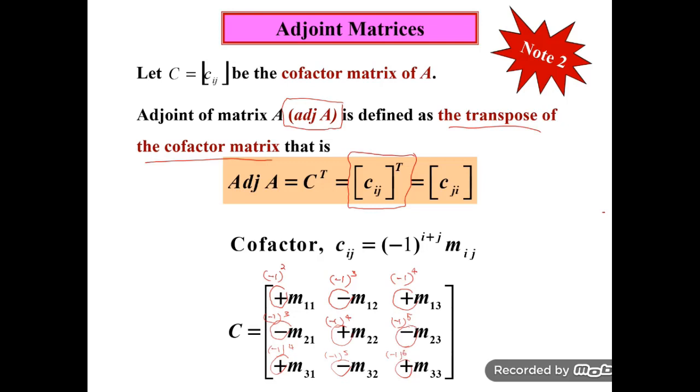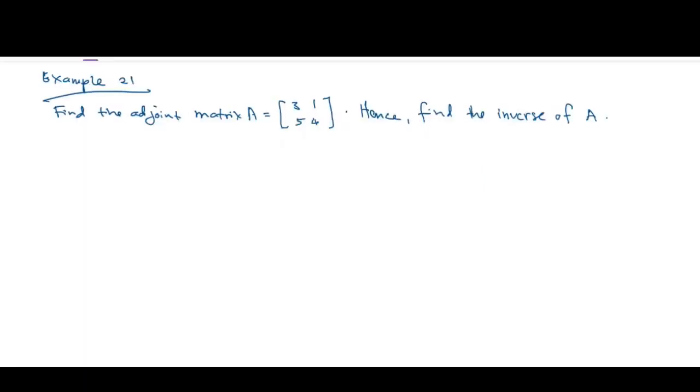So it is easy to remember how to find the cofactor with the signs: positive minor, negative minor, positive minor, and so on. Let's look at the example.